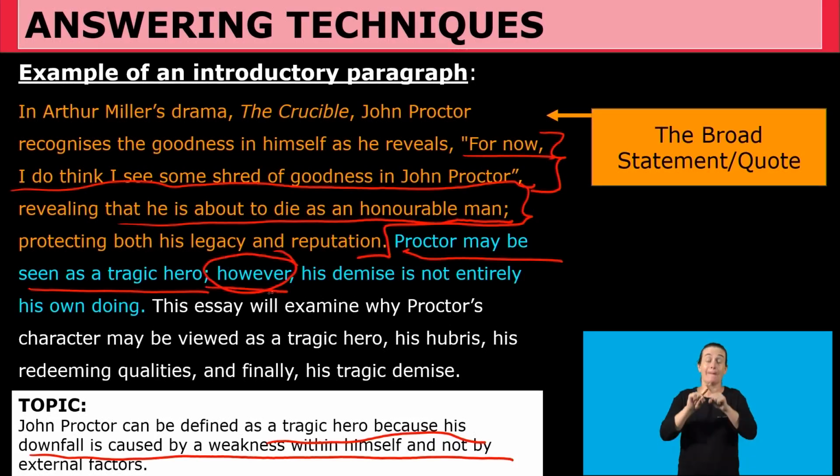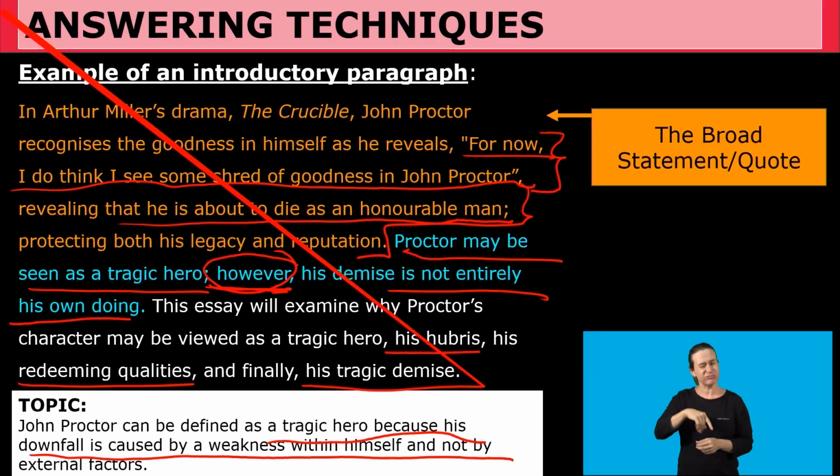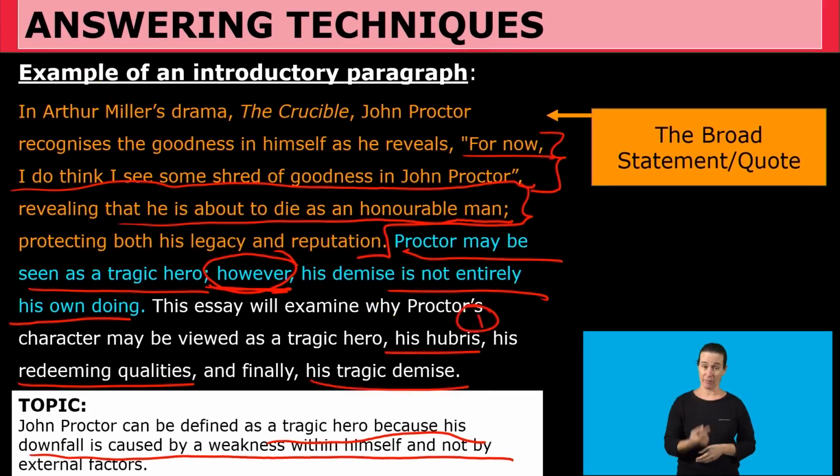However, his demise is not entirely his own doing. This essay will examine why Proctor's character may be viewed as a tragic hero, his hubris, his redeeming qualities, and finally, his tragic demise. So, when we look over here, we have our first body paragraph, our second body paragraph, and our third body paragraph.